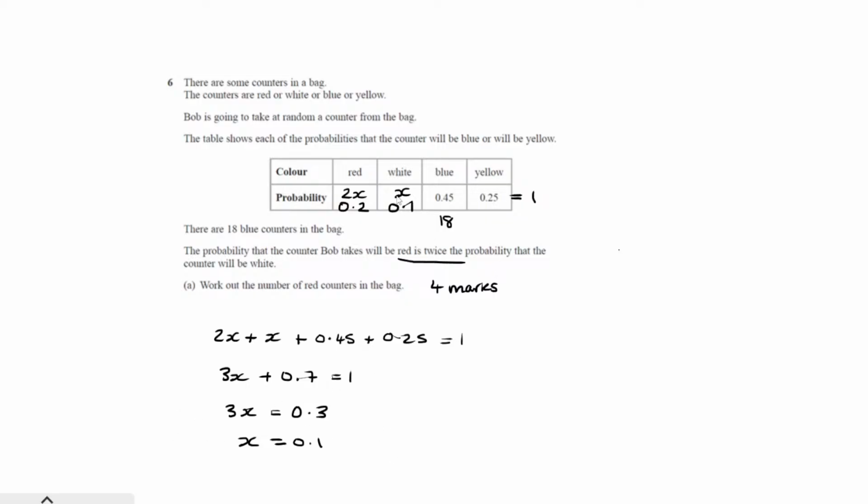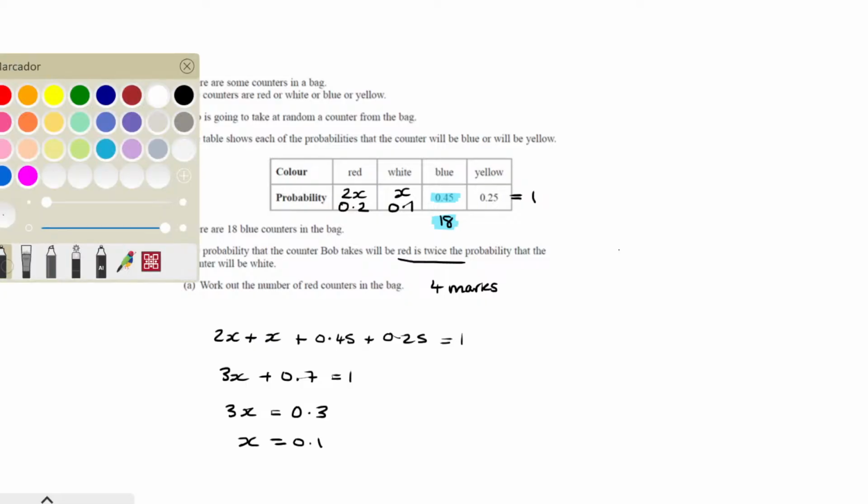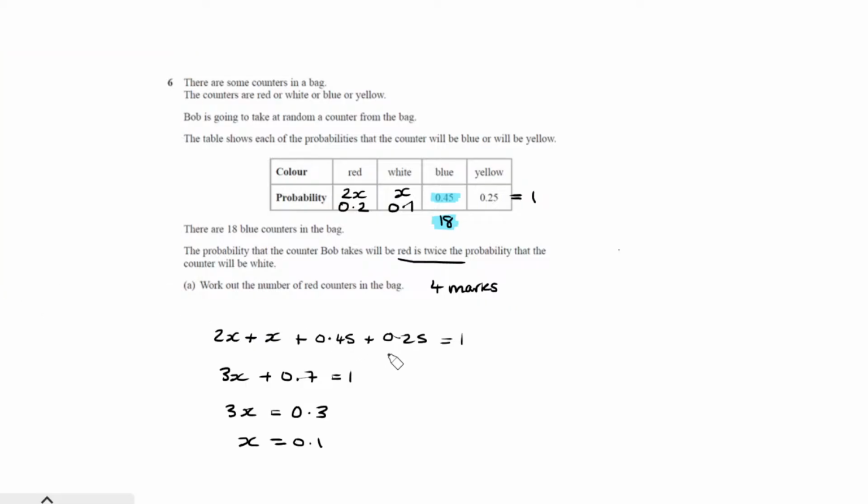Now, that's obviously the probabilities, but they've asked for the number of red counters. So we also need to know how to translate probabilities into actual quantities of counters, right? Now, that's why they've given us that blue bit. Do you see how we know that blue is 0.45, but we also know that it's 18. So this is what I was saying about, in my head, this is reverse percentages.